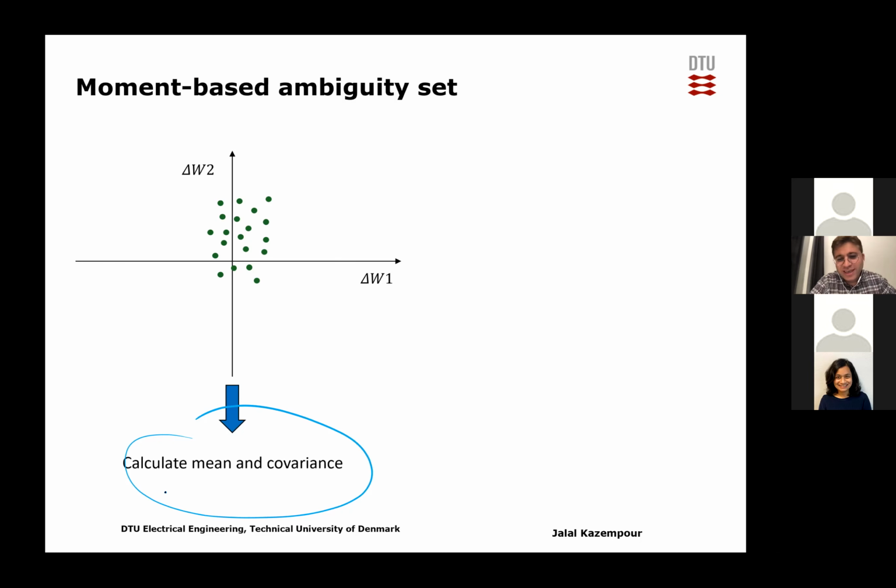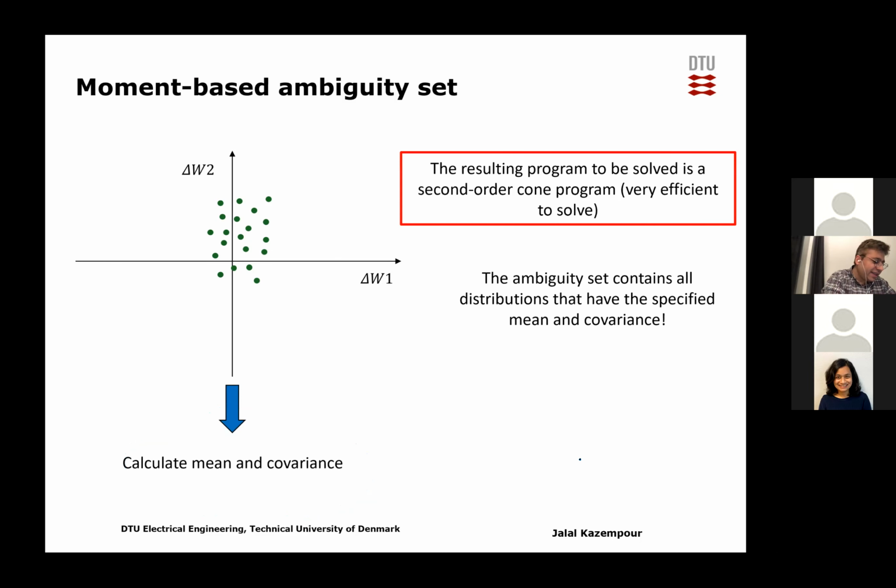But at least you can calculate the first two moments, mean and covariance, from the historical data. And then you can say that my ambiguity set includes all distributions that have the same mean and covariance. It's moment-based ambiguity. It's the easiest one, less complicated than Wasserstein-based DRO, but maybe a bit less elegant.